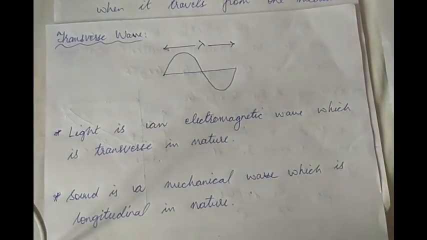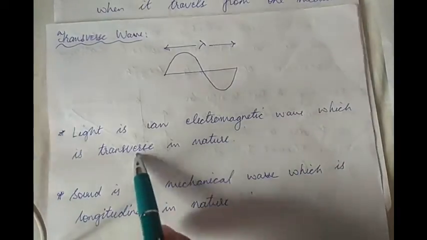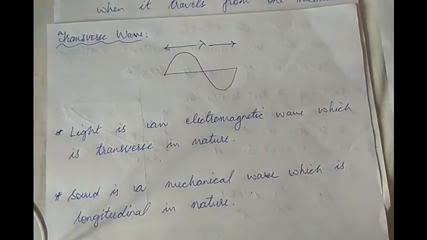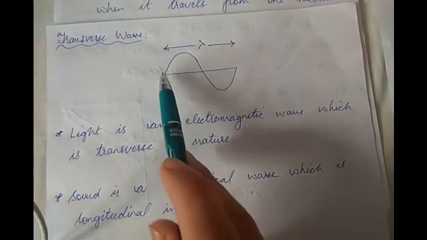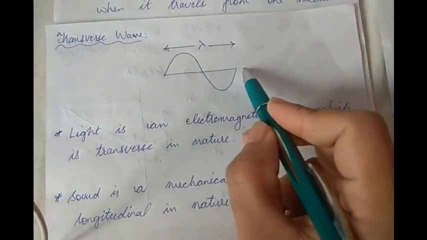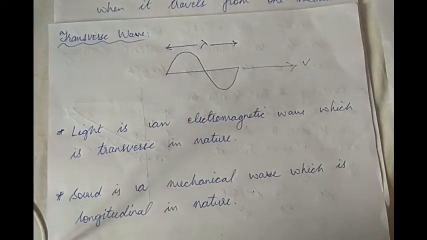Now for any wave, be it electromagnetic wave, be it mechanical wave, be it transverse in nature, be it longitudinal in nature, remember, any wave will have three characteristic properties. One, any wave will have a certain velocity. Any wave will be moving with a certain speed or velocity.